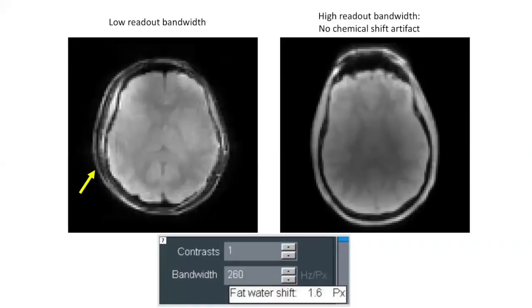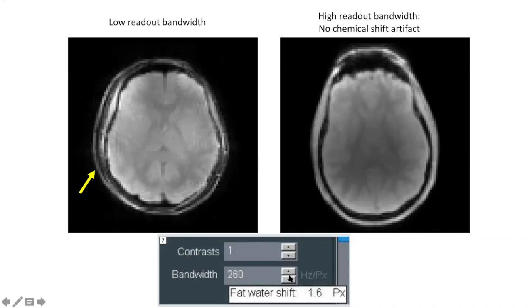Oh, yeah, and so just another, you can see this. If you have a low readout bandwidth, you have this brightening here, and if you have a high enough readout bandwidth, you don't have this chemical shift artifact. And actually, if you look at the bandwidth setting on the scanner itself, the sequence will tell you, depending on how many frequency encodes you have and what your bandwidth is, what kind of shift you might expect.